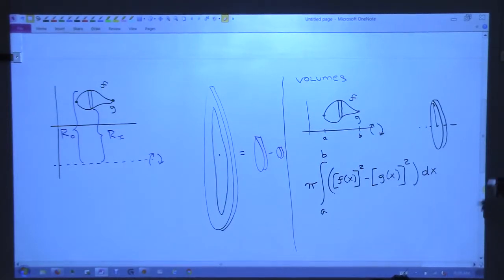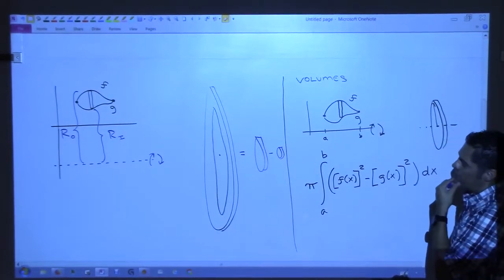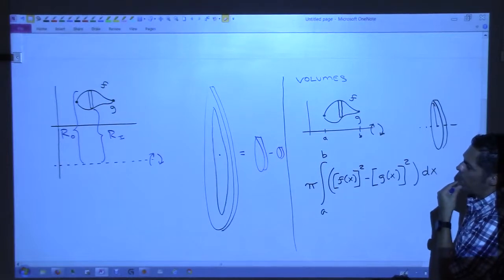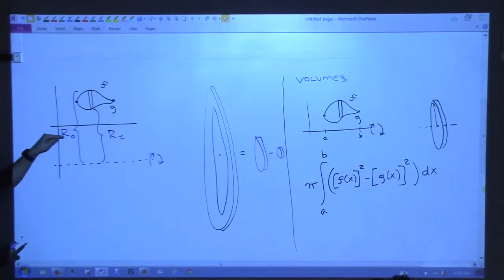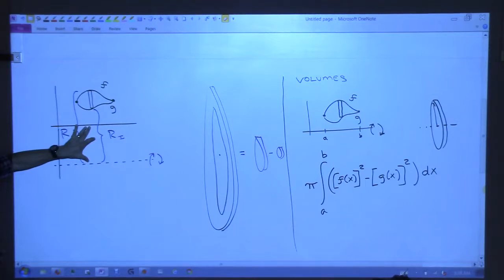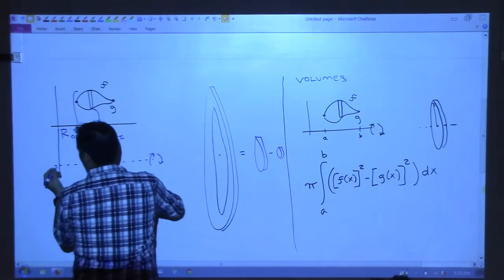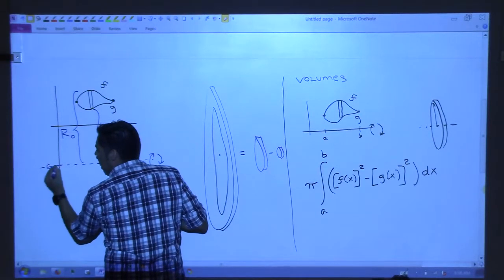I might write R out, R in later, but I'm going to do R sub O and R sub I for now. So let's think about what that would be. In this picture, wouldn't the outer radius be this distance right here plus that distance right there? Yes? So just for the sake of explanation, let's say this line went through -6 right there.